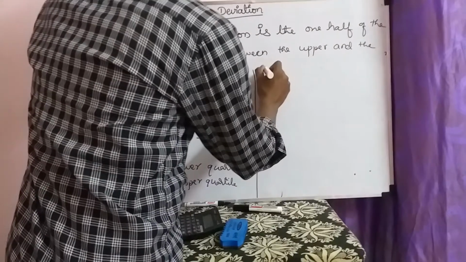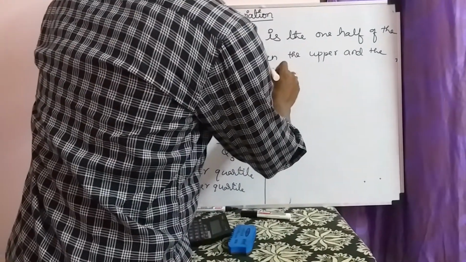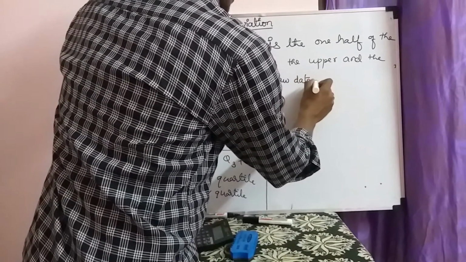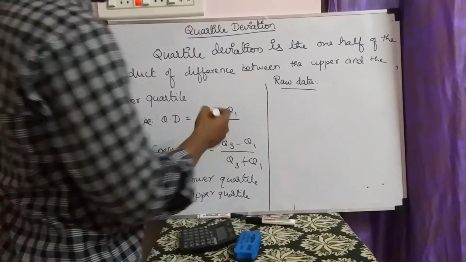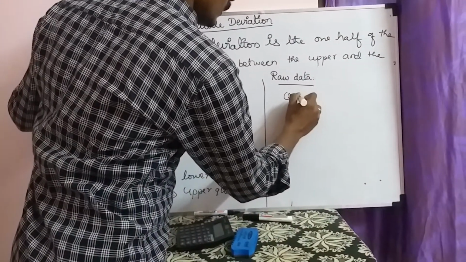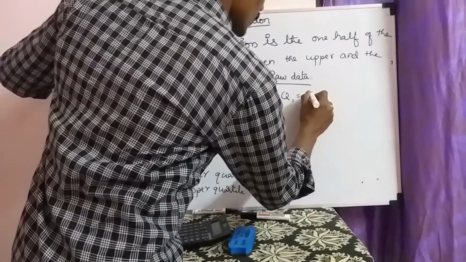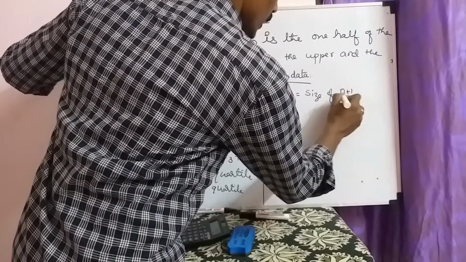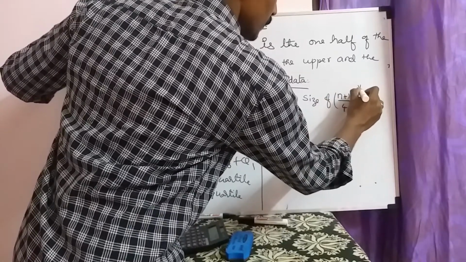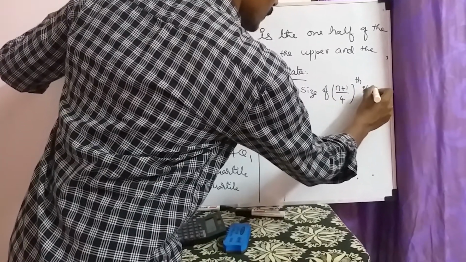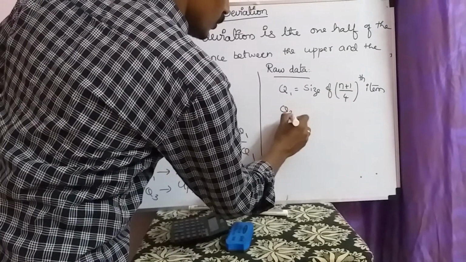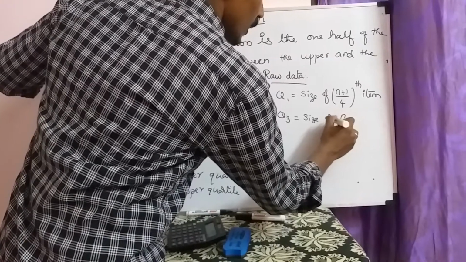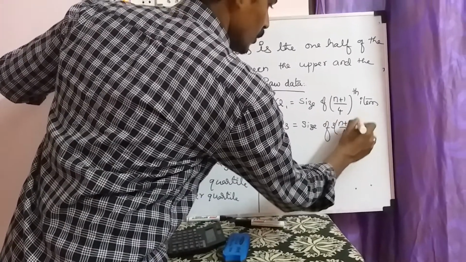Next formula is for the raw data. For raw data, Q1 is the size of (n plus 1) divided by 4th item, and Q3 is the size of 3 into (n plus 1) divided by 4th item.